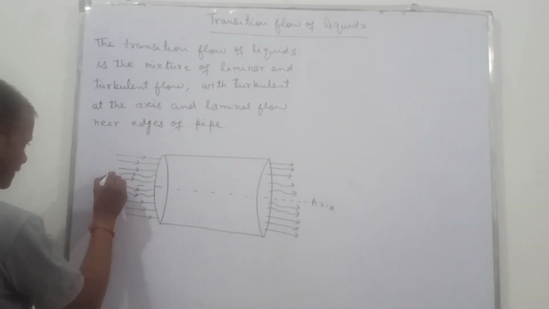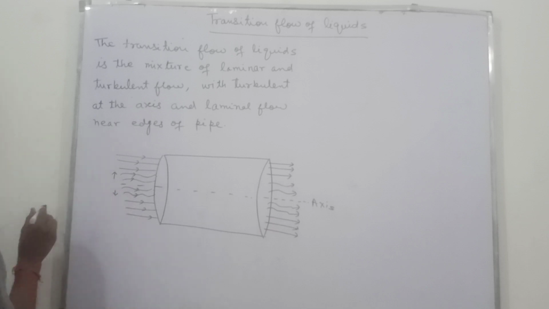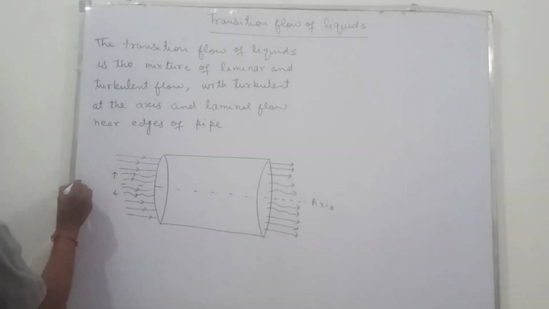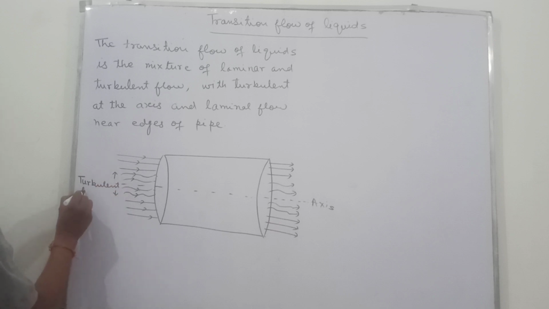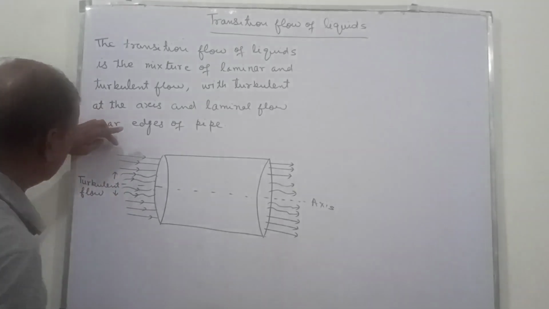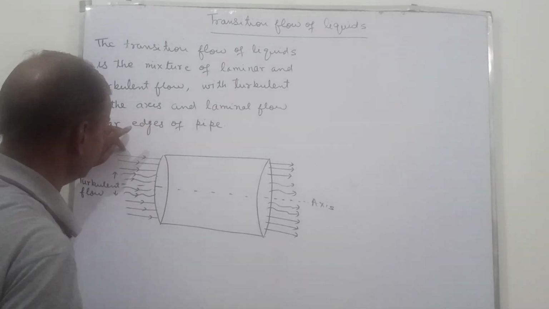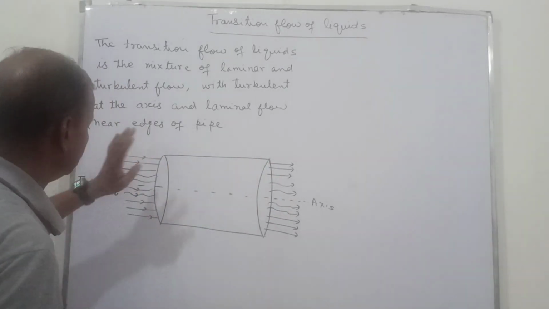Here it is turbulent flow. And near the edge, this is the laminar flow.